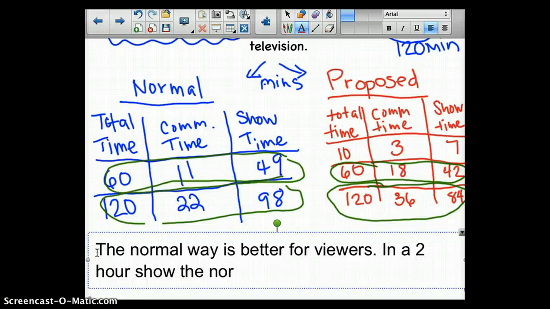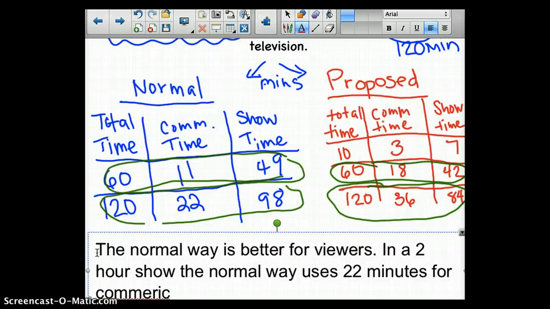The normal way uses 22 minutes for commercials.